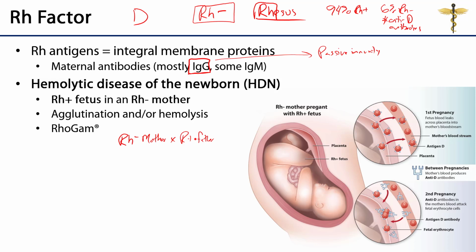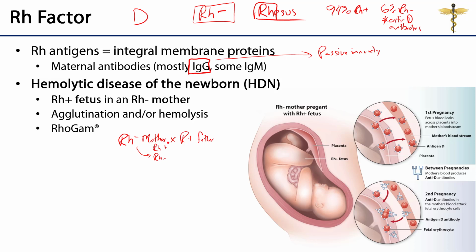Depending on the actual genotype of the father, you can get either a heterozygote or a homozygote here. In the case of the homozygote, the baby is Rh negative. In the case of the heterozygote, the baby is Rh positive.